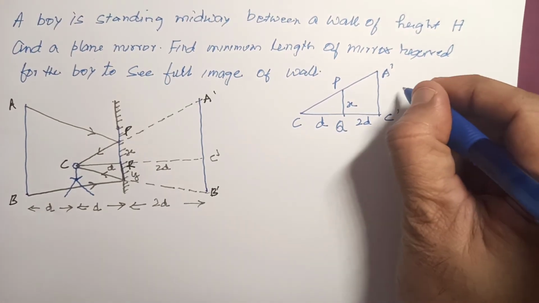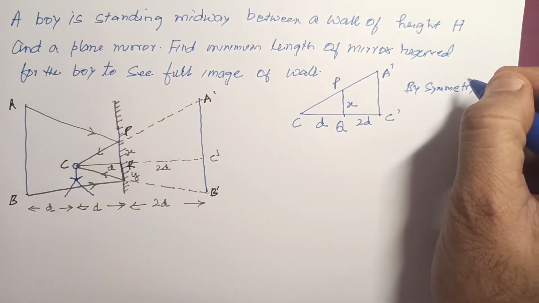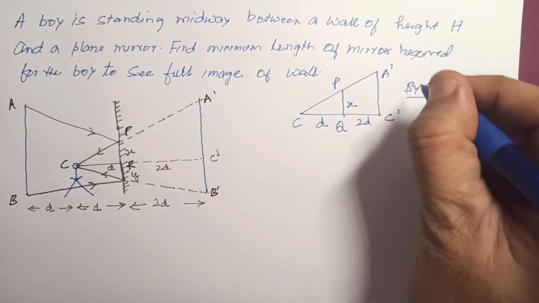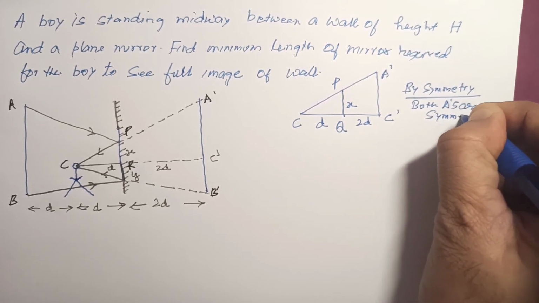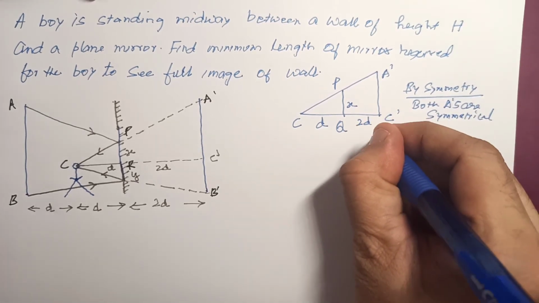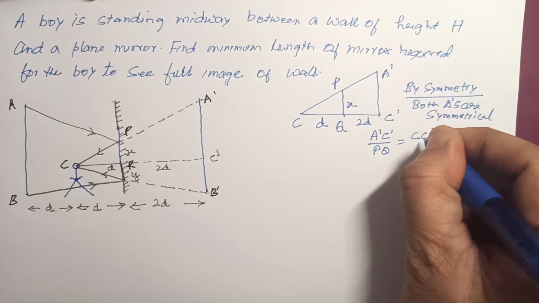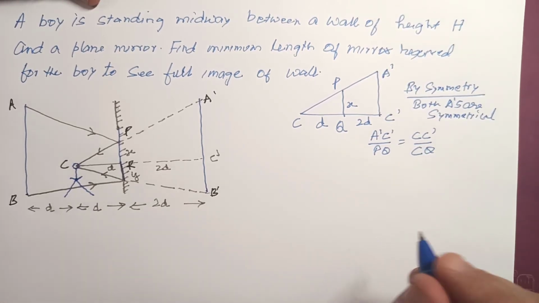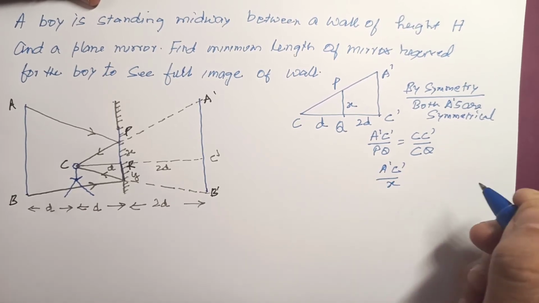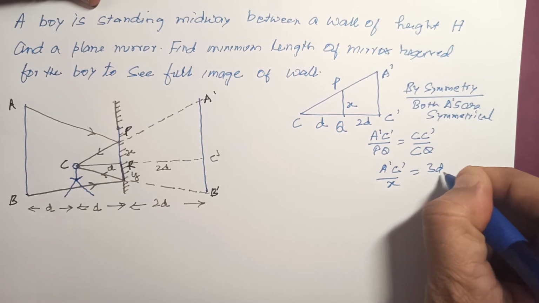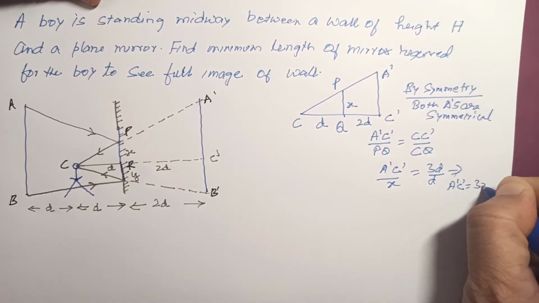Now, by symmetry, both triangles are similar, and we can say A dash C dash by PQ is equal to C dash by CQ, or A dash C dash by X is equal to 3D by D. So A dash C dash is equal to 3X.